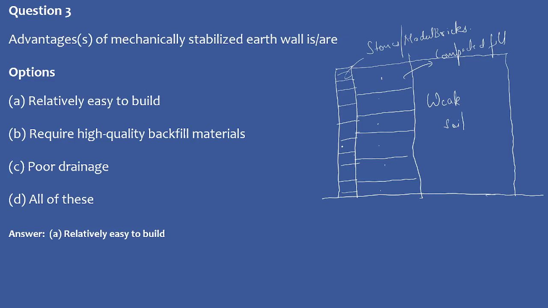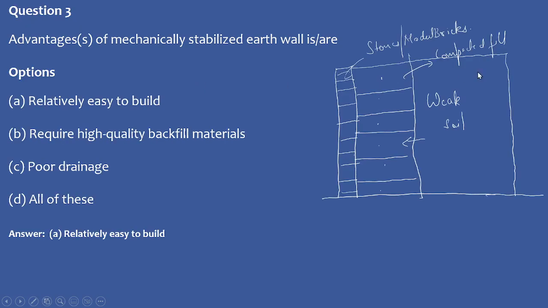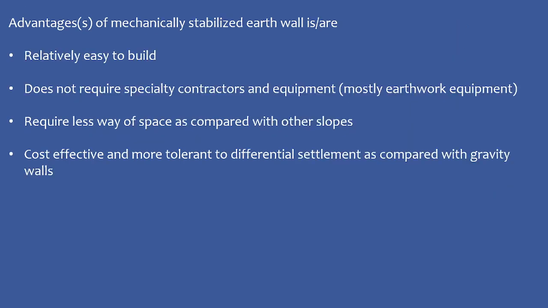So as compared to the gravity wall and the other walls, this mechanically stabilized earth wall is very easy to build, and this is one of the advantages. Other advantages we can see, since it's a very simple structure, you just need to introduce a wall here, then you need to introduce a compacted fill with the alternately placed reinforcement available with us.